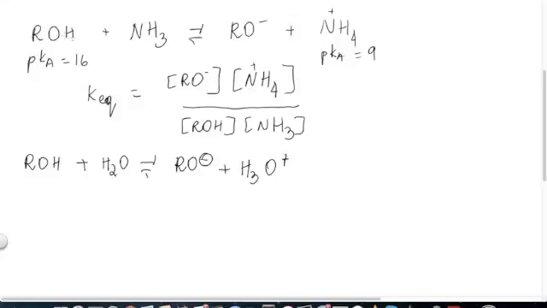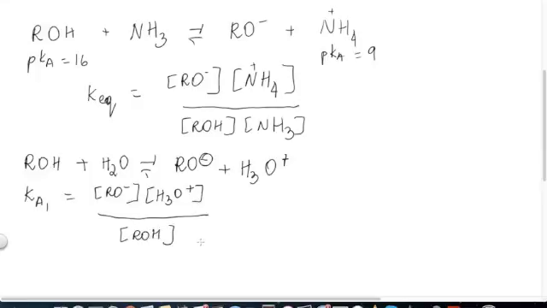If we look at our Ka for this process, let's call it Ka1, this would be RO minus times H3O plus divided by concentration of alcohol. Notice that water is not included. If you're still not clear as to why water is not included, it would be a good idea to review the equilibrium chapter in your general chemistry text. And this whole thing is equal to 10 to the negative 16.